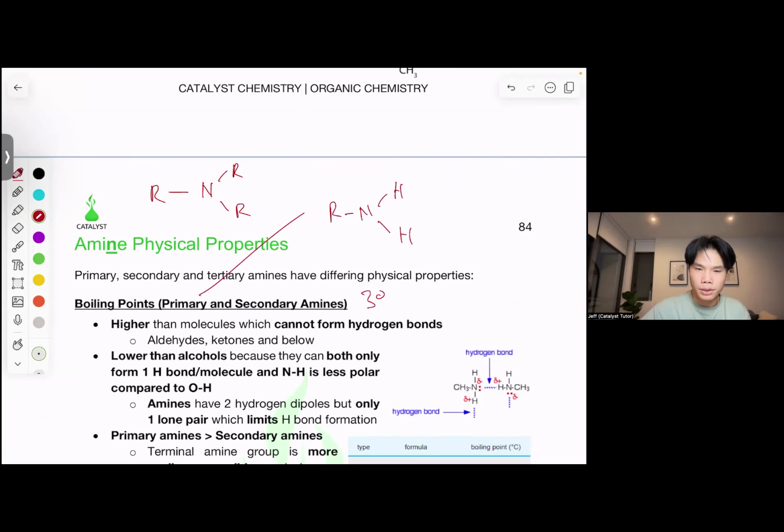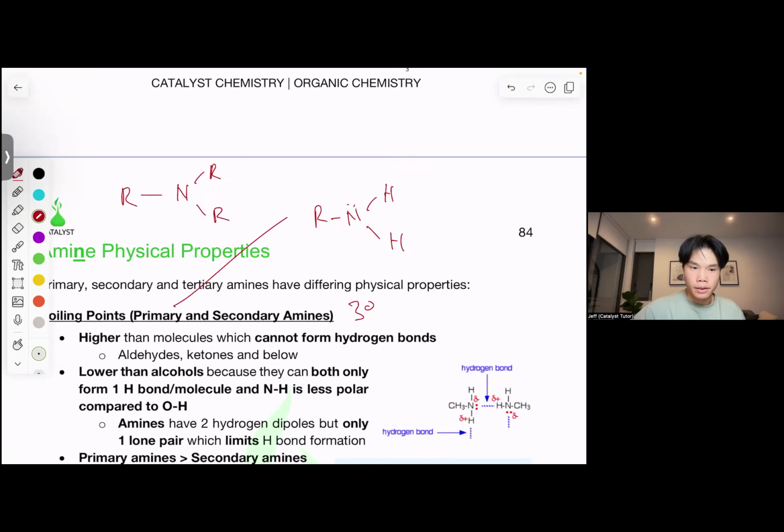I'm wondering, Zion, because I don't think amines form hydrogen networks. They form only one H bond per molecule. Amines don't form networks because they only have one lone pair, which limits how many H bonds they can form. And this would form, for example, a H bond with another H on another amine like this, right?